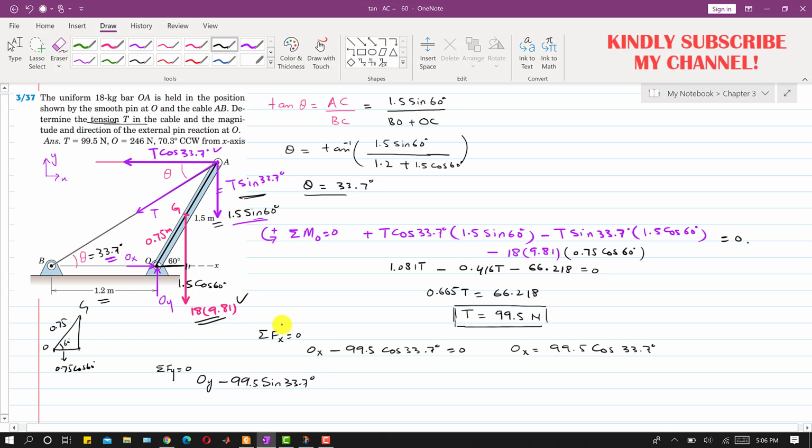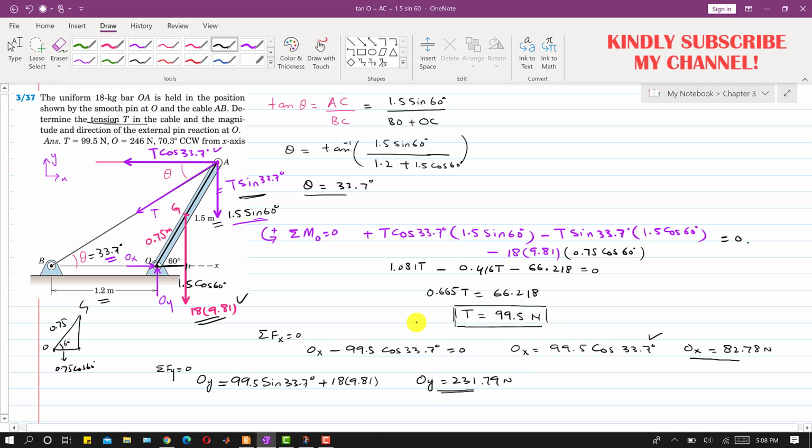And similarly, this weight is acting in the negative y direction, so we will write minus 18 into 9.81, and this will be equal to 0. If we bring these two terms to the other side of the equation, they will become positive. Now when we solve this equation, OX is 82.78 newtons and OY is 231.79.